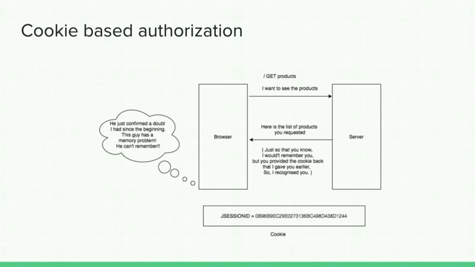So it's client's responsibility to present something using which server can authorize the request. Now this something can be this cookie in terms of JSession ID, or it can be a token like JWT. So because of this nature, the cookie-based authorization is also known as session tokens or the reference tokens as well, because the cookie has some random string which refers to some session.